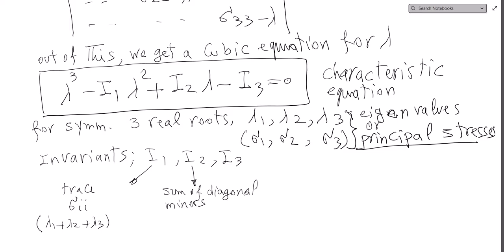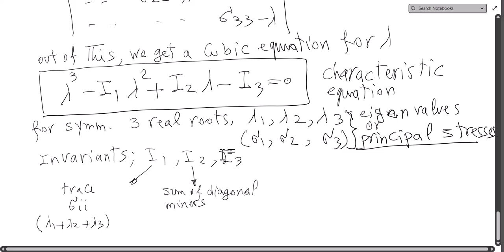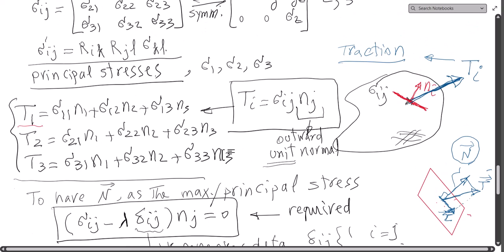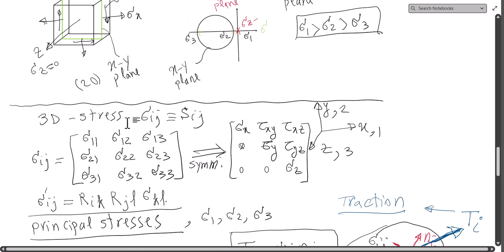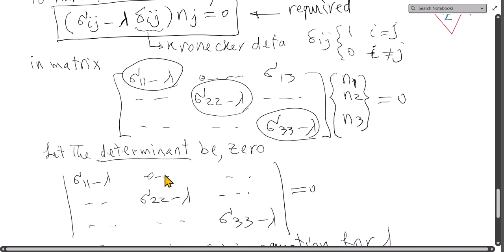Diagonal minors means that you come here and for your stress, you eliminate the row and column corresponding to each diagonal element. For example, here, this row, and calculate the determinant of the remaining. And next, you come here, sigma 2 2, you eliminate column 2, row 2, and calculate the determinant, and similarly for the third element.